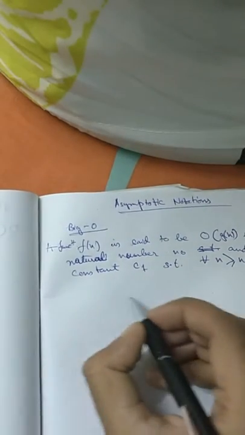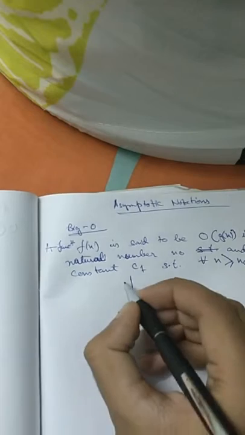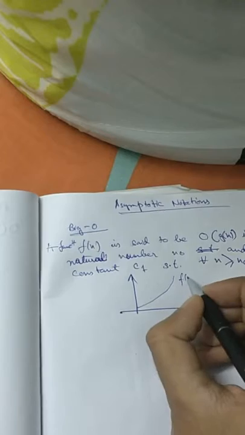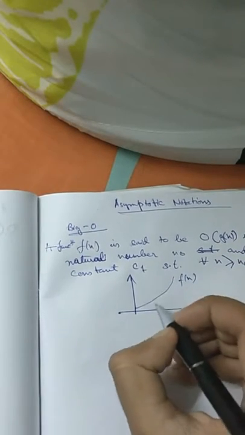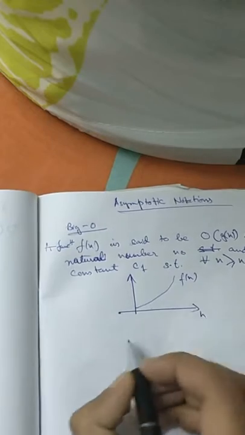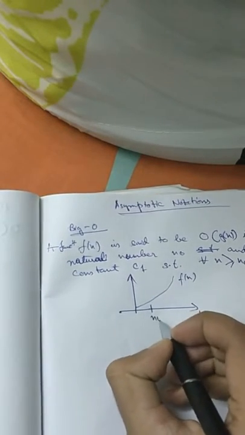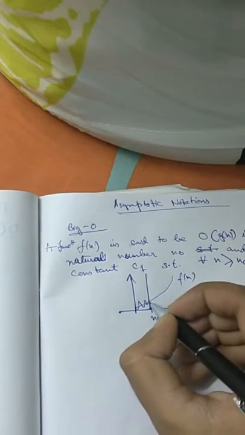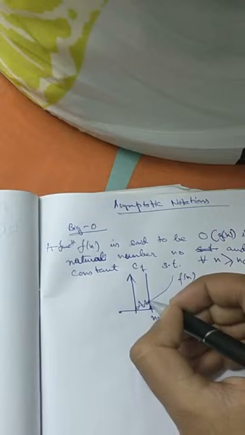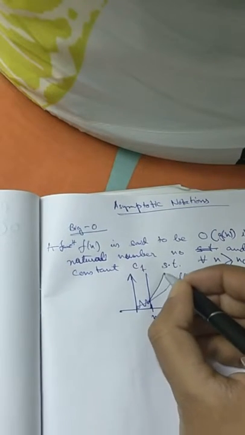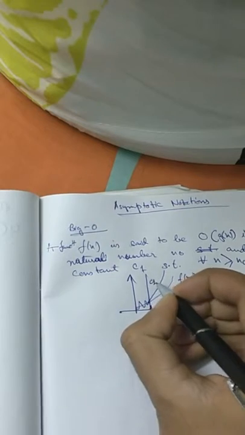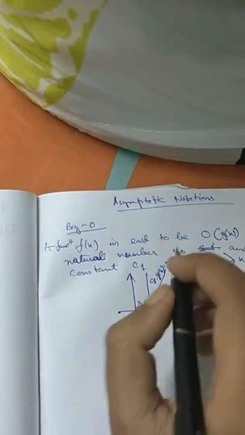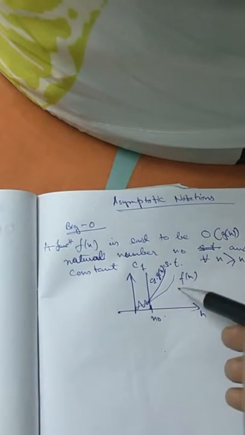So what this tells us is that suppose we have a plot like this of f(n). Suppose this is f(n), any function, and we have a natural number n naught. g(n) may be anyhow here, in this part we're not interested, but beyond n naught, c1 into g(n) should be asymptotically upper bounding f(n).